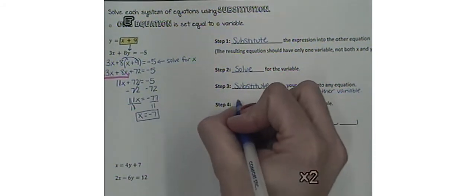In this case, my other variable here is the y value, right? I'm trying to find what that y is. And then when I substitute that in, I need to solve for that other unknown variable. I need to solve for the y in this case.